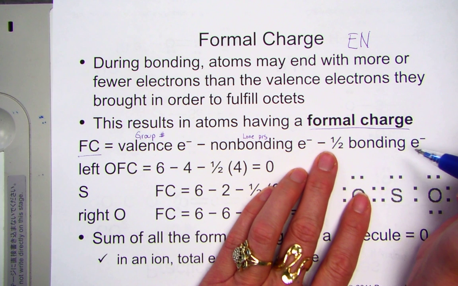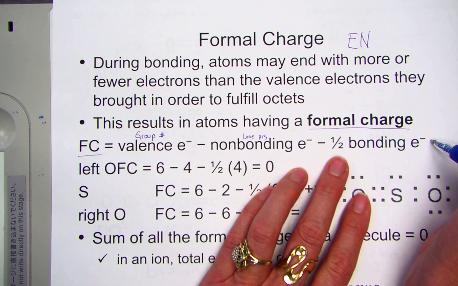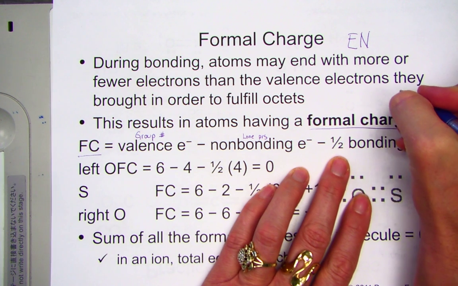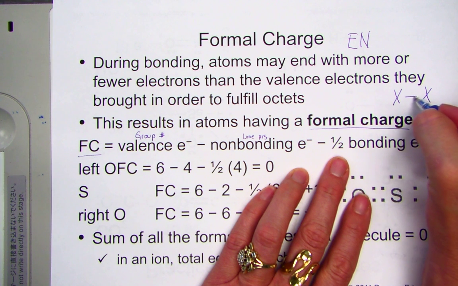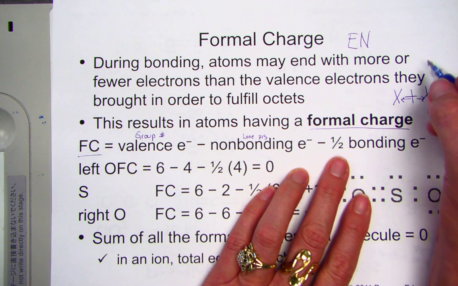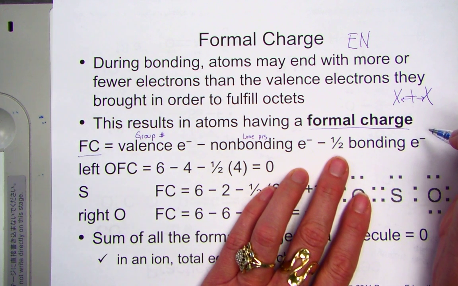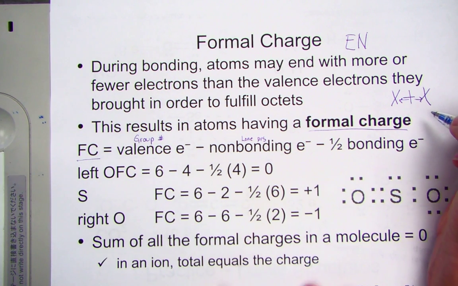And if I do have electrons bonded, I take half of the bonding electrons. In other words, if I have a bond, let's say between element X to element X, if this is a single bond, I'm going to give one of those electrons to the first and the second electron to the other element. So each atom will take 1 electron in the formal charge calculation.